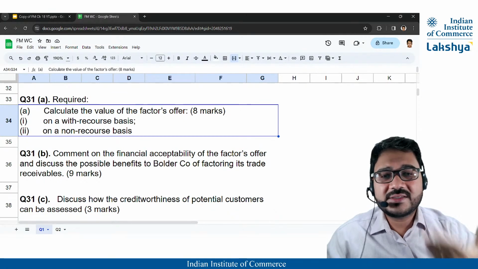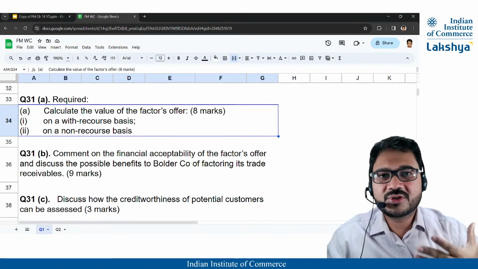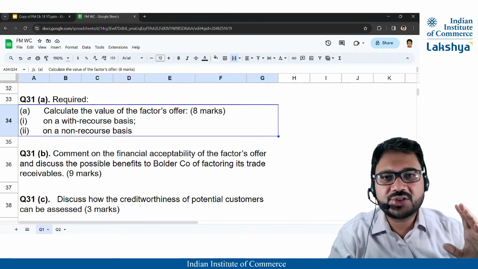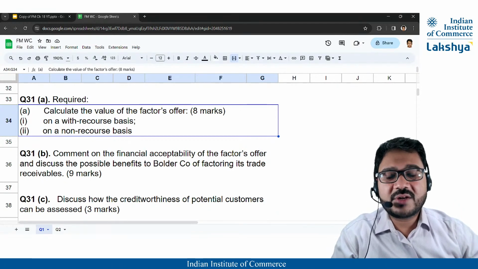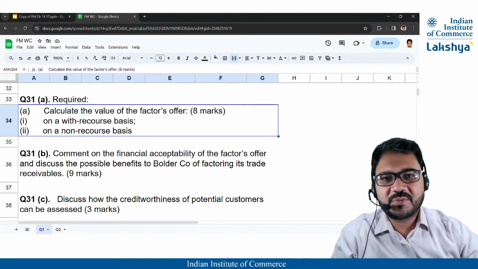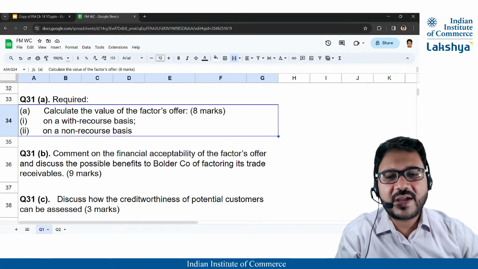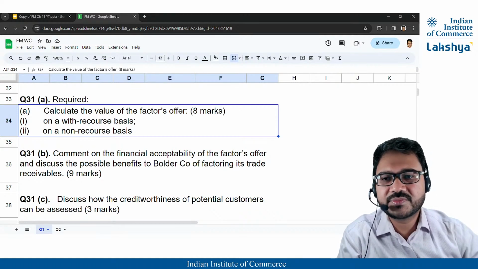They give us financing. They reduce our admin costs. They reduce our bad debts if we are on a non-recourse basis, as in we get protection from bad debts. All these are benefits. And what are the costs? The fees that we have to pay them. So they have asked us to calculate the value of the factor's offer in both scenarios, recourse and non-recourse. So probably four marks each.